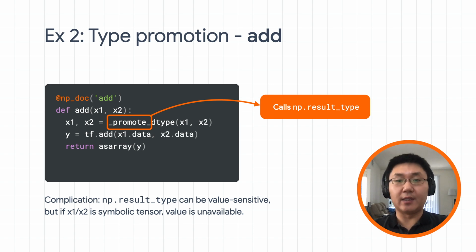Instead of using x1 and x2, we basically give x1.dtype and x2.dtype to np.result_type. So that may result in different type promotion results than NumPy. But those are really just corner cases when x1 and x2 are Python native values.